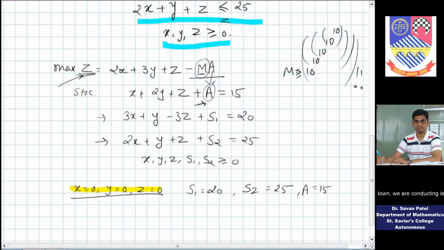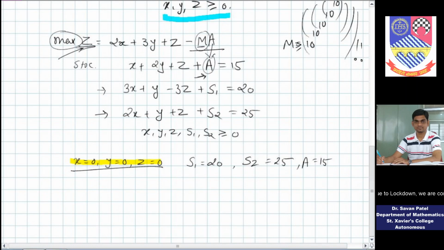And when the problem is of the maximizing form, we will keep the coefficient of the artificial variable in the objective function to be the large m in negative sense, means minus m. So now we are having an initial basic feasible solution. This satisfies our constraints, and here of course a is also non-negative.